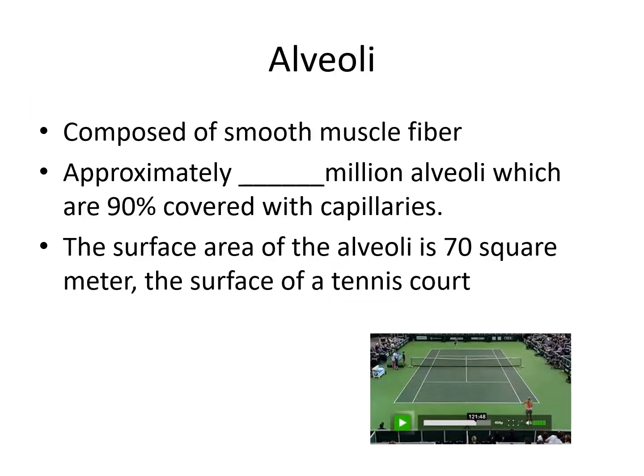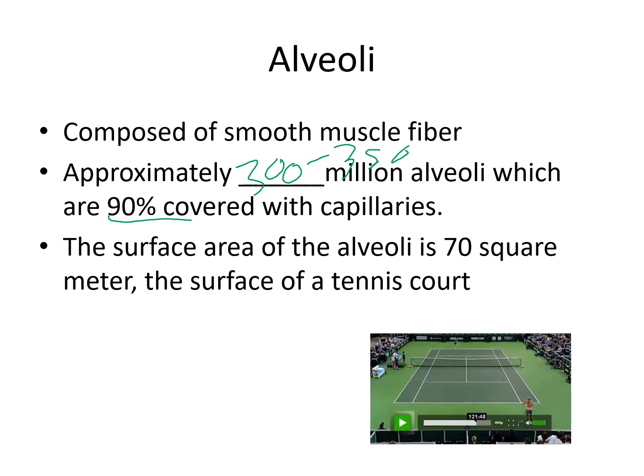The alveoli itself, it's a smooth muscle fiber, ultimately. That's what can give it its structure. Remember, it's made of simple squamous, but it has a smooth muscle fiber as a constituent. There are approximately 300 to 350 million alveoli, which are 90% covered with capillaries, right?